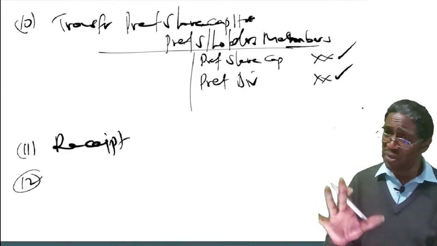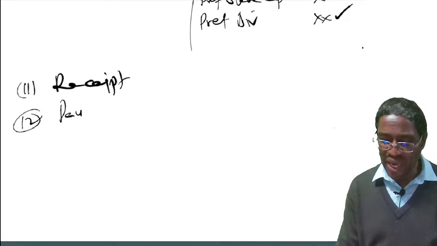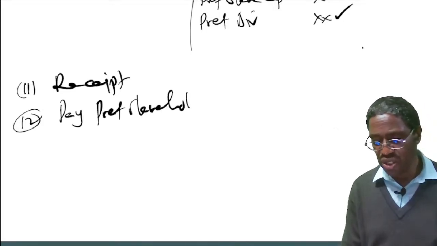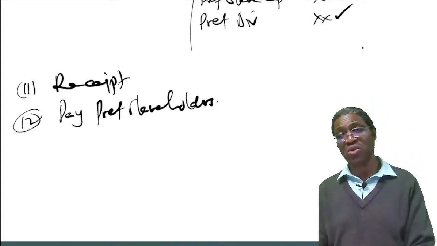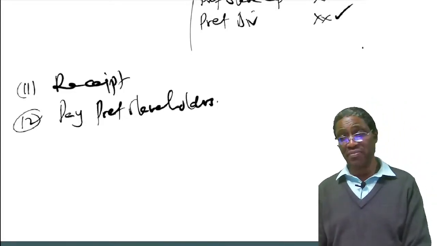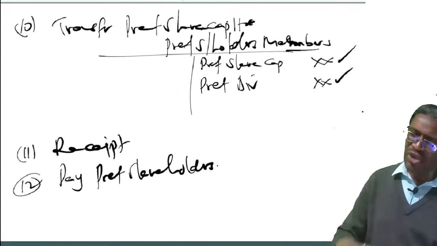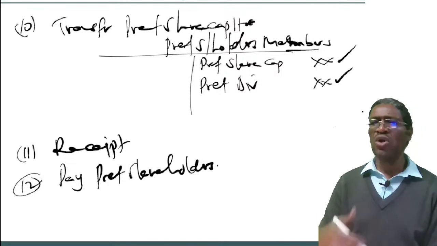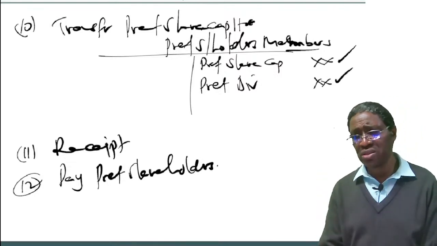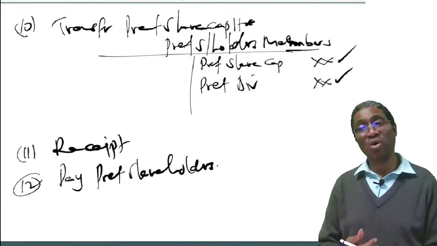So our step number 12 now says, pay the preference shareholders what is due to them. Find out from the question, are you giving them the cash? Are you giving them the debentures that you received? Or are you giving them the shares? It is the question that will guide you on that.